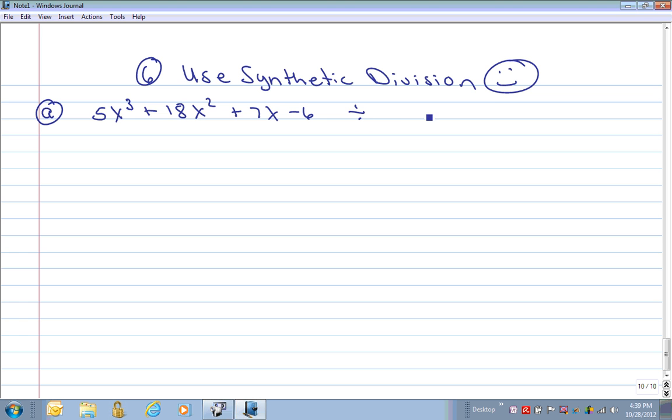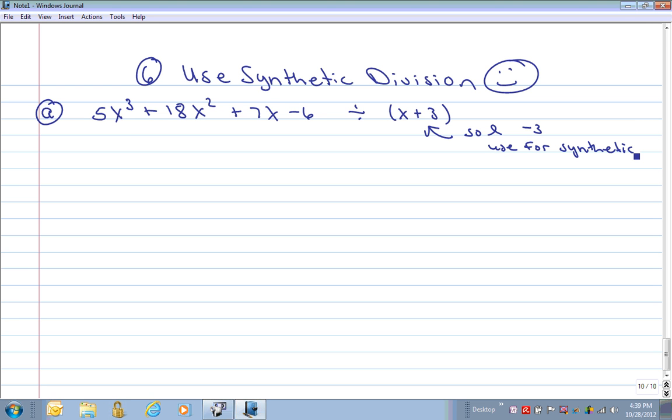And we're going to divide by x plus 3. If we were doing long division, we would divide by x plus 3. Because we're doing synthetic division, we're going to divide by the solution, which would be negative 3. And that's what we're going to use for synthetic.